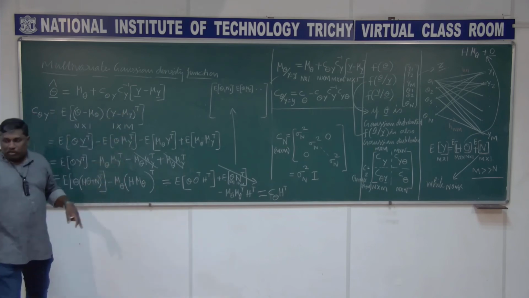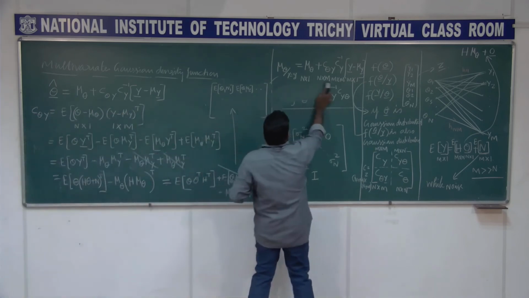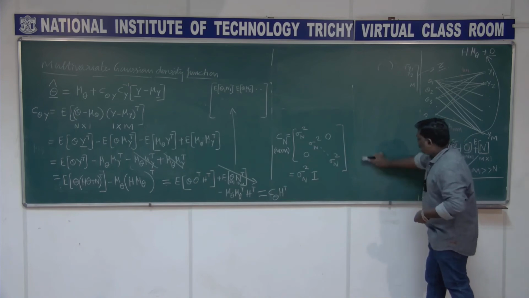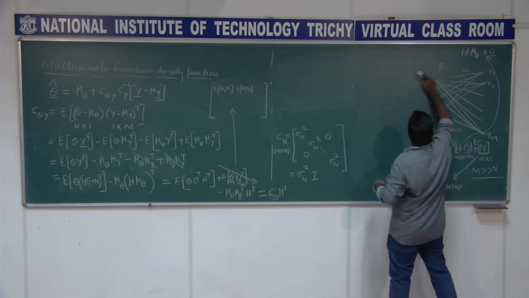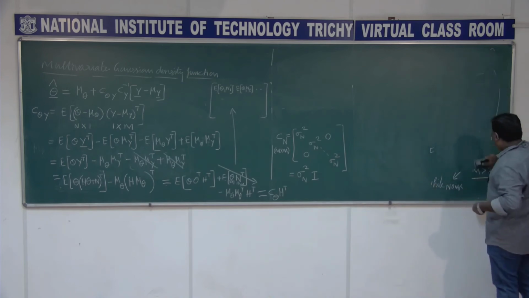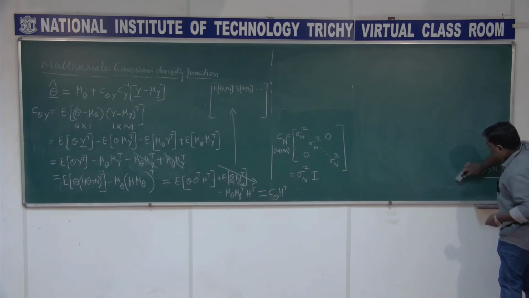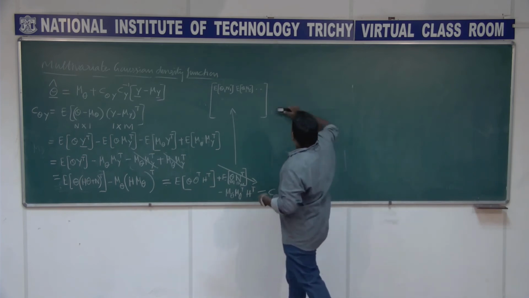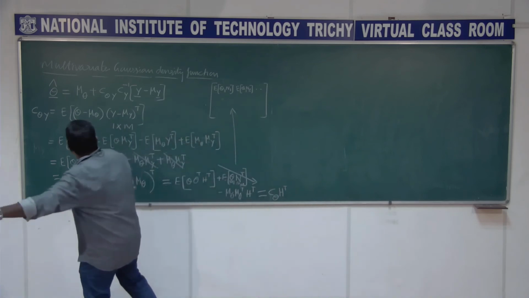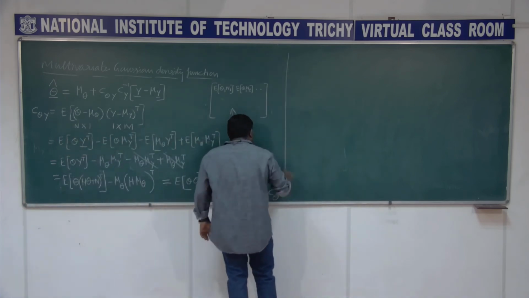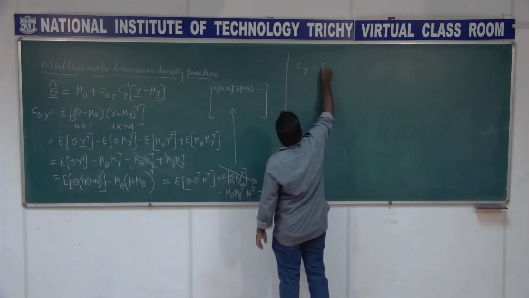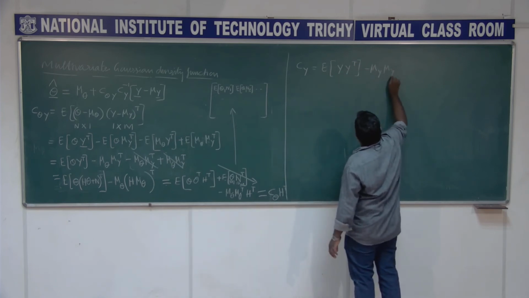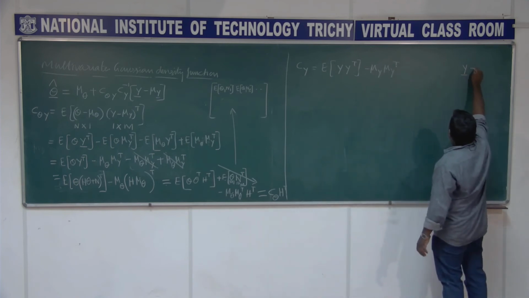I will find out Cy also in the same fashion. So Cy is expectation of YY transpose minus mu y transpose, right? So we already know that Y is H theta plus n.